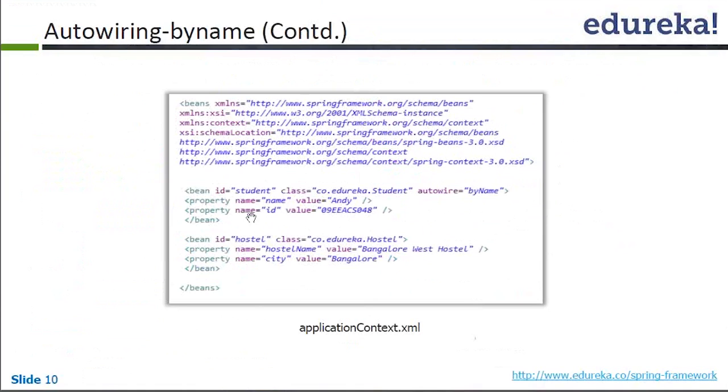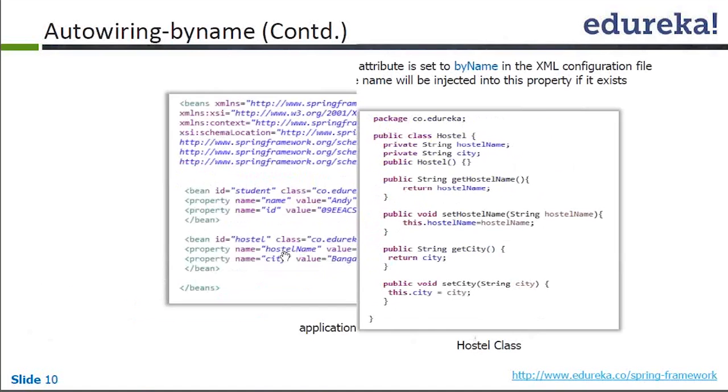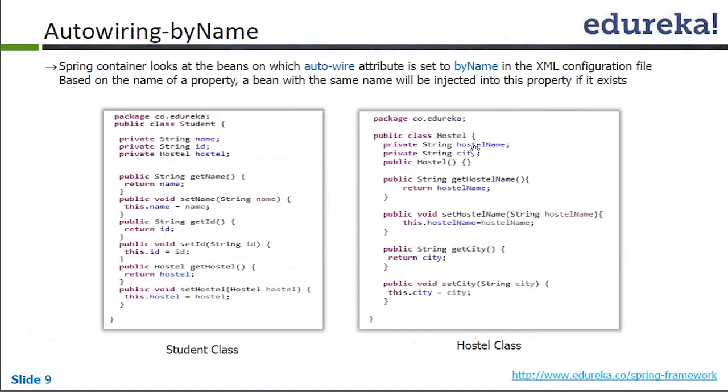I do not see the property with respect to hostel at all for the bean for the class student. Hostel has two properties, for those I set the values. Student has three properties, but I set the values for name and ID and completely ignored hostel.